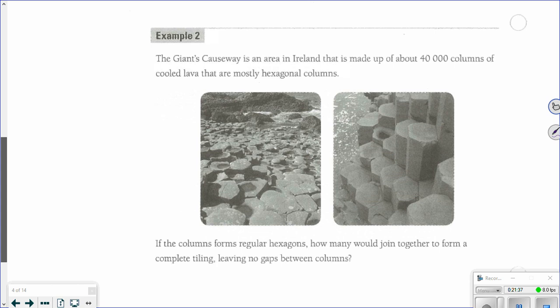So what this is saying is, you have a hexagon, and can you draw another hexagon beside it, and then another hexagon beside it, and make them match up, all rotating about a point?